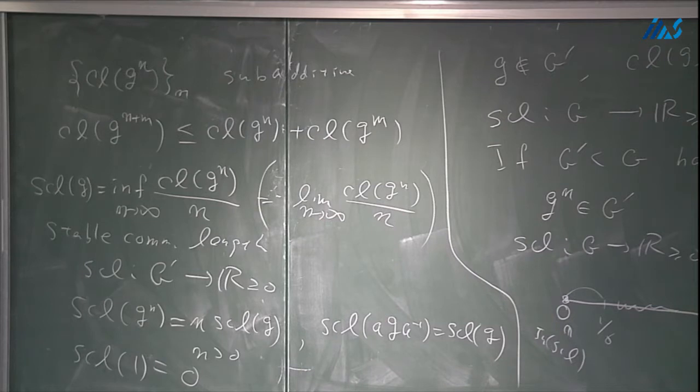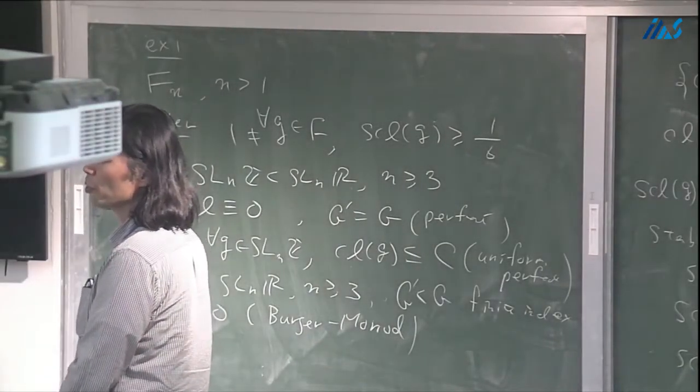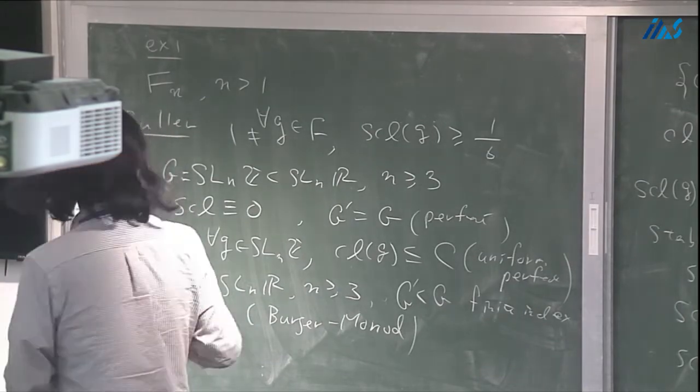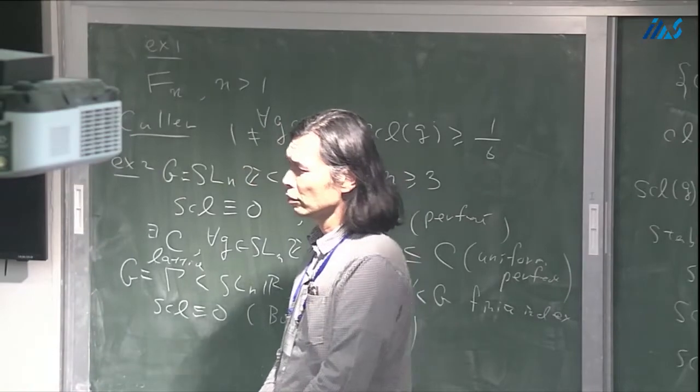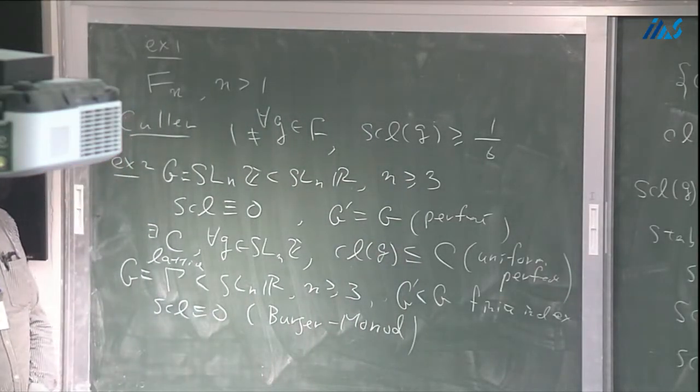As far as I know, it's open if it's uniformly perfect, but they managed to show that stable commutator length is constant 0. If Gamma is a lattice, what is open? Whether it's uniformly perfect, or even on each cyclic subgroup, whether commutator length is bounded or not. When you say Burger-Monod, do they rely on Bavard? Yes, yes.